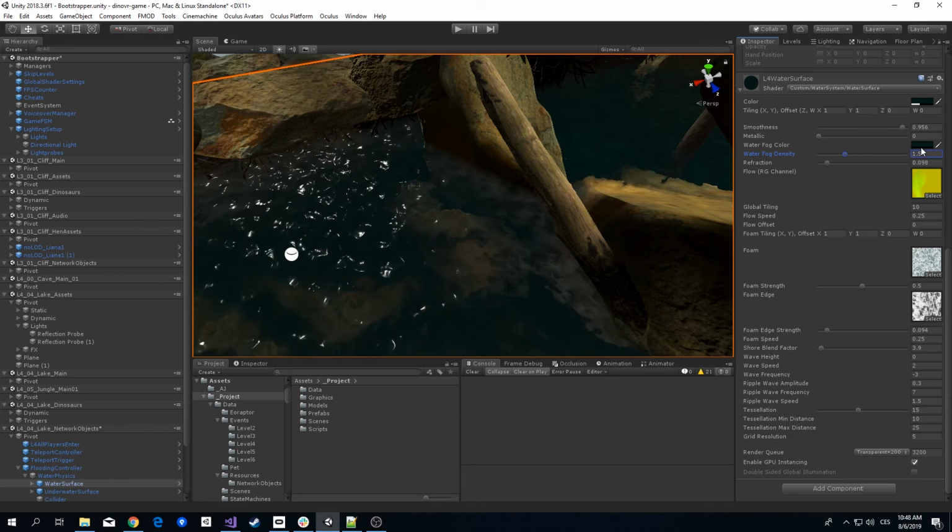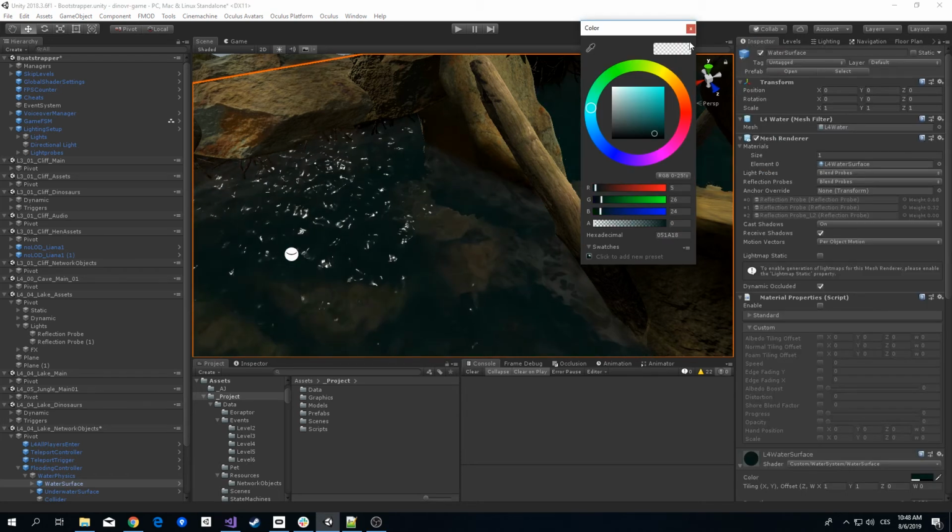So actually it means that the water is fully transparent near the shore, and as it goes to the middle of the water, or as the depth is higher, the water is more opaque.